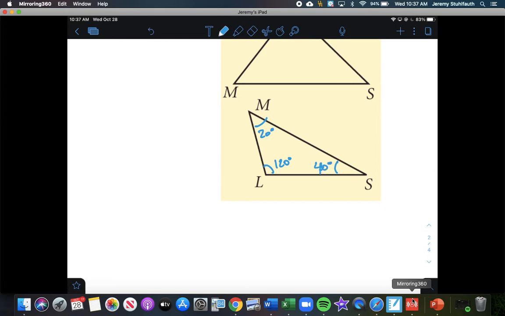Okay. This means that if you had a picture and it said this was 8, and this was 2, and this was 10, this picture of this triangle is not possible.